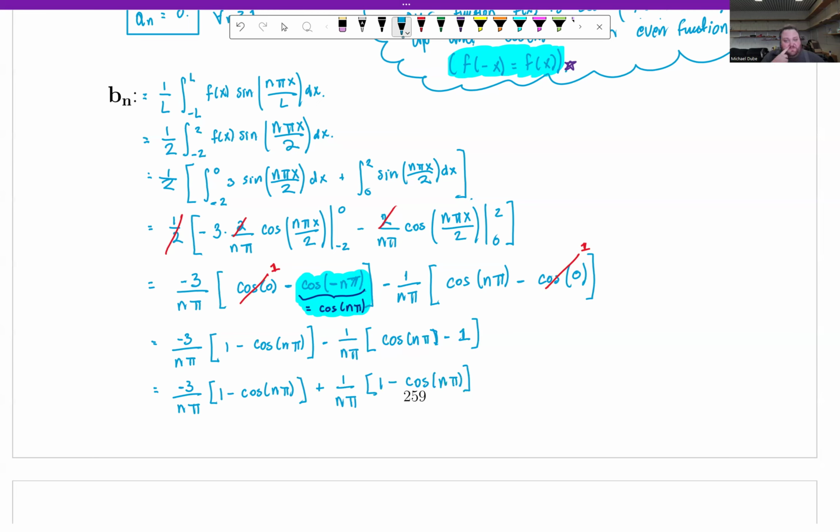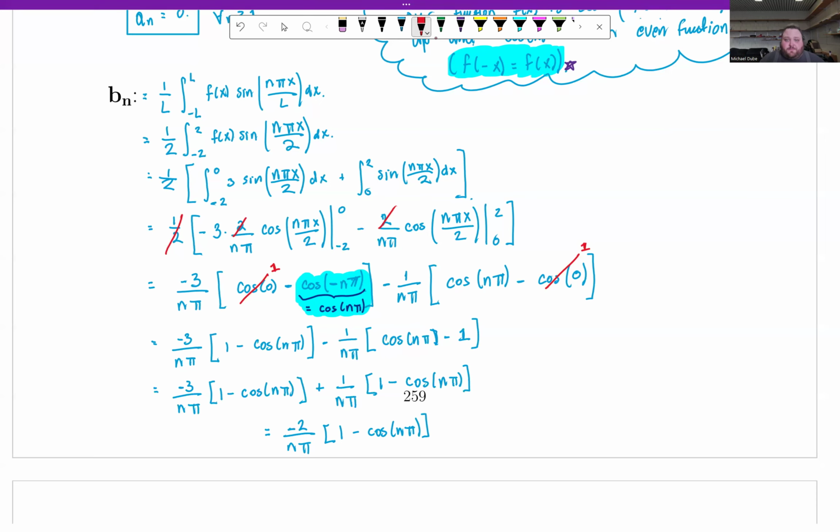And all in all, this equals negative 2 over n pi times 1 minus cos of n pi. Okay, good. So we do have a formula, but we can make this a little bit simpler.